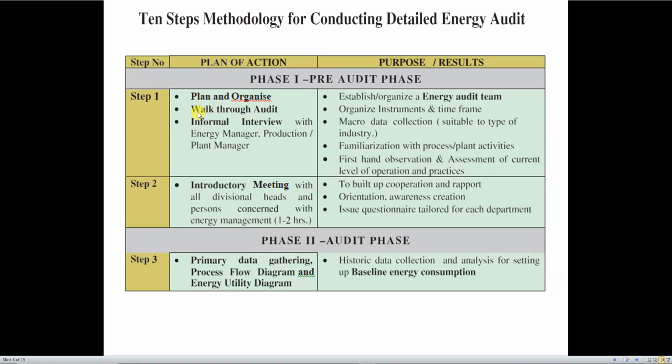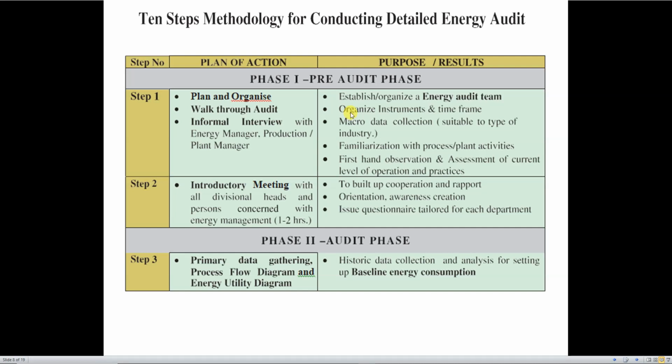Then second is walk through audit. This plan of action, which includes walk through audit, will give us organized instruments and time frame. Here in this case we require different equipment for measurement of different quantities for different devices and different departments.